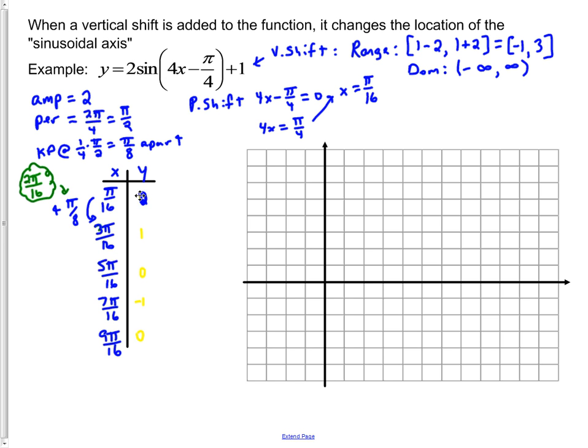So 0 times 2 gives us 0, 1 times 2, 0 times 2, -1 times 2, 0 times 2, and then add the vertical shift. So add 1 to everything, and our y values are going to be found at 1 for the first key point, 3 for the second key point, 1 for the next key point, -1 after that, and then our final key point within that one cycle will be at +1 again.